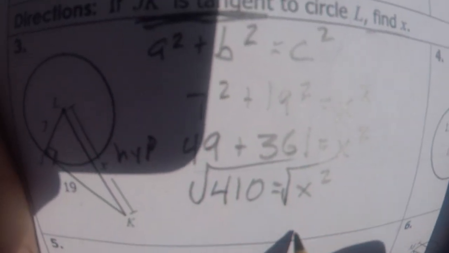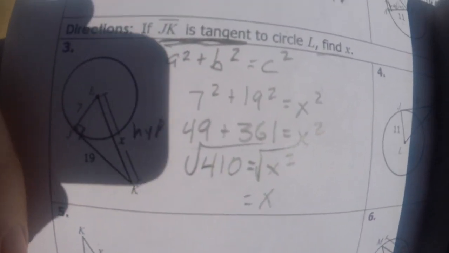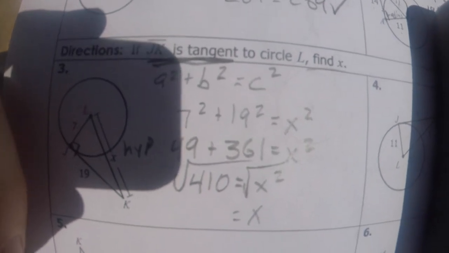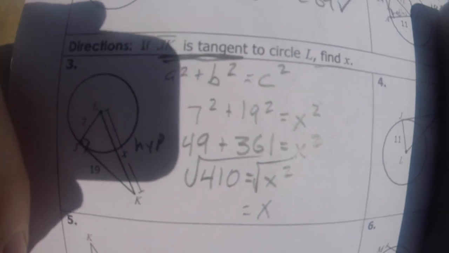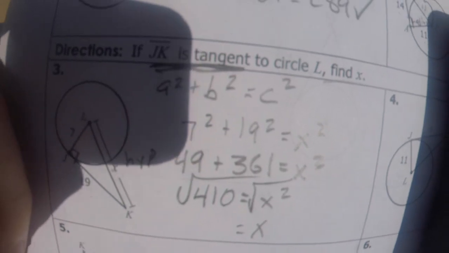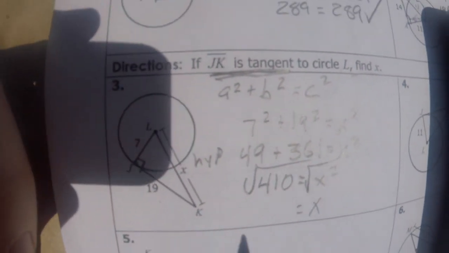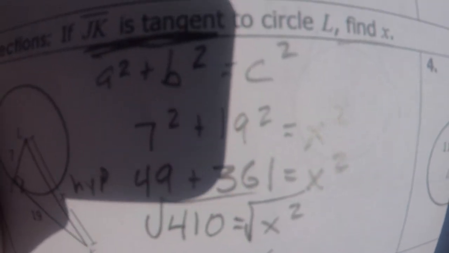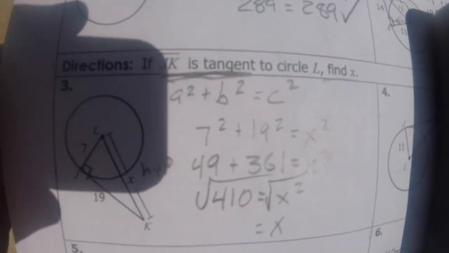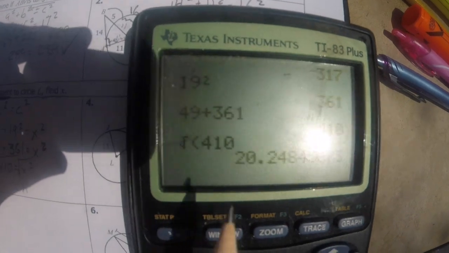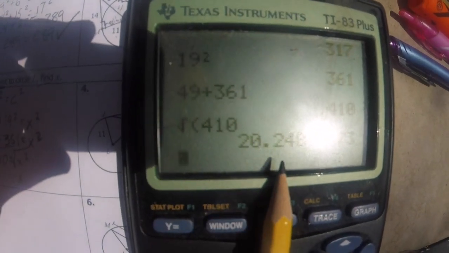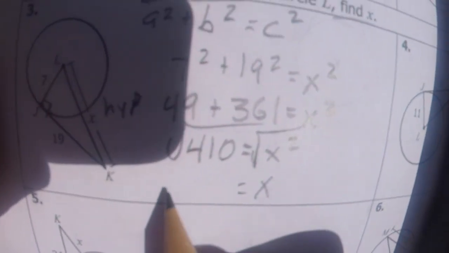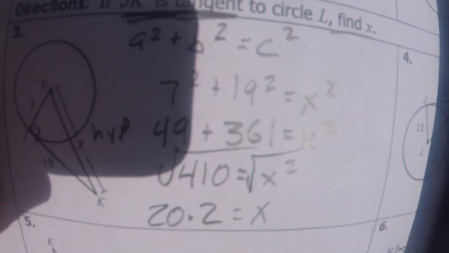We have to take the square root of both sides. Then I get X equals the square root of 410, which is 20.24845673. Does it say round to the nearest whatever? It does not. So let's round to the nearest tenth today. Since the square root of 410 is 20.24, we'll call it 20.2.